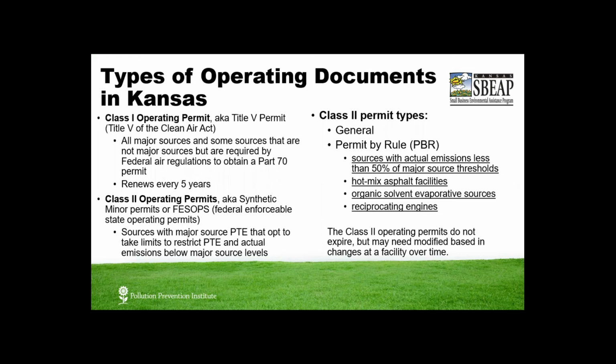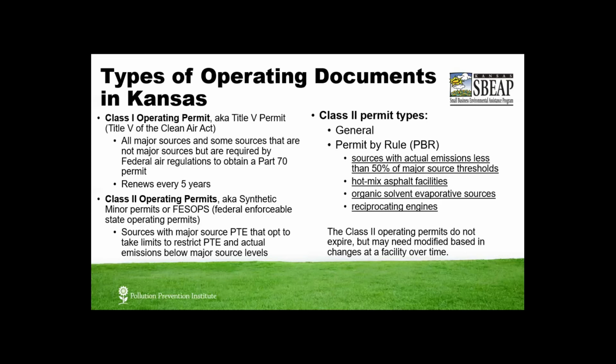The rare exception to this would be a minor source subject to a federal rule which requires any source subject to that rule to obtain a Part 70 or Part 71 permit.